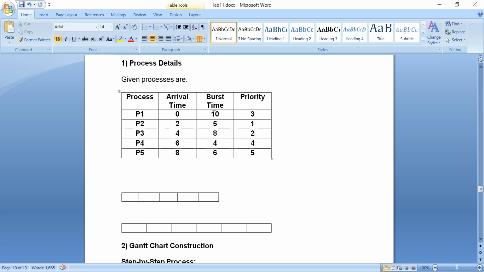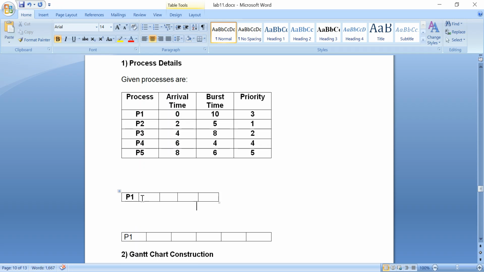So in that case we have arrival time 0, which will move into the ready queue. We have a ready queue which has P1, and P1 starts executing because its priority is 3 right now. It will take 0 to 10 seconds.